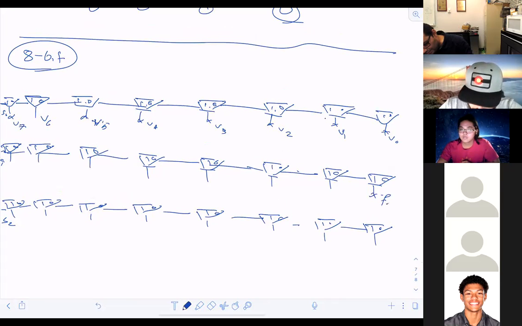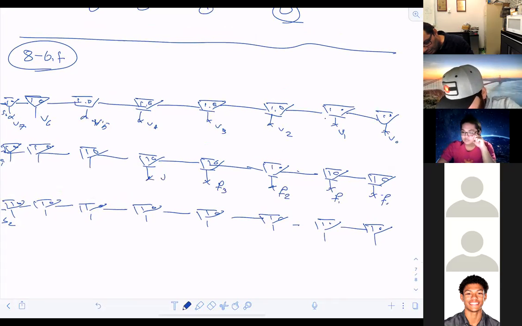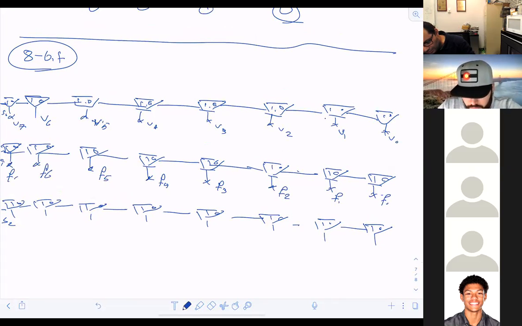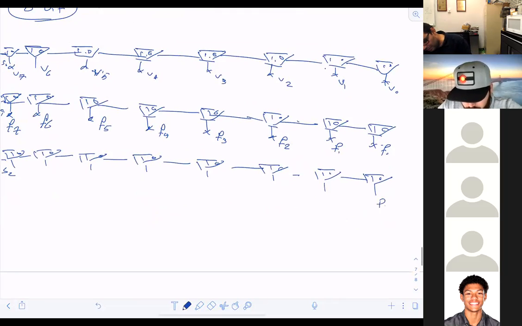Then F0, F1, F2, F3, F4, F5, F6, F7. Then P0, P1, P2, P3, P4, P5, P6, P7.